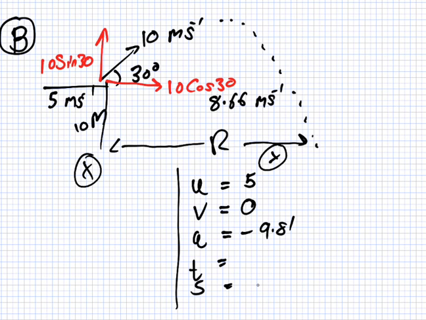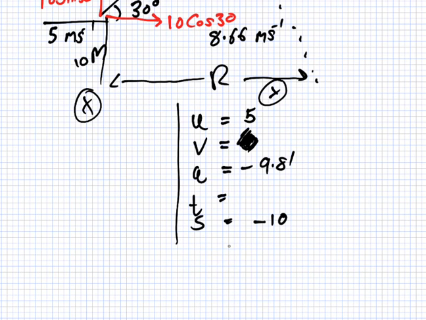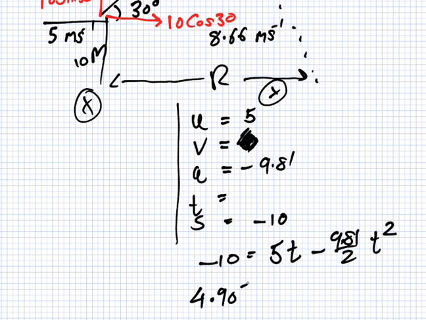Oh, sorry, V, we don't know. Okay, so let's get the time. S equals UT plus a half a T squared. So I can change this into a quadratic.